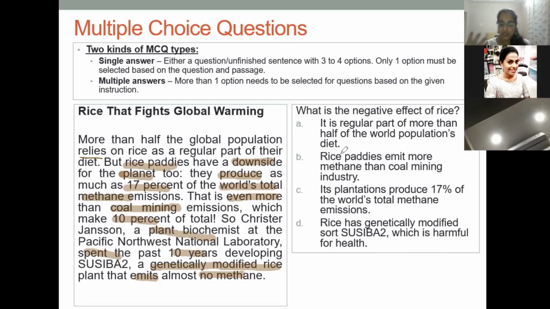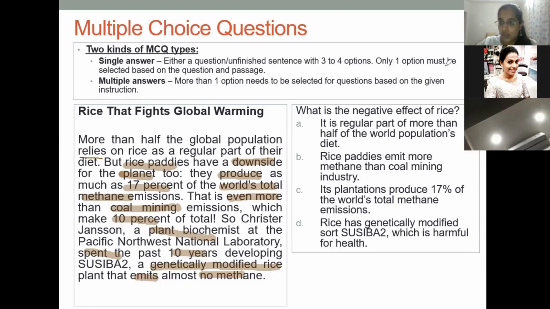They're also comparing this with coal emissions, which actually are less than methane emissions from rice. That's what they've told us. And they're talking about this biochemist who has now created a genetically modified rice plant which produces no methane at all.